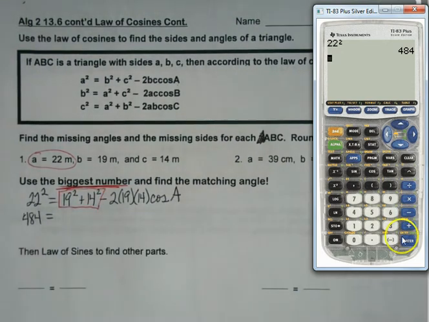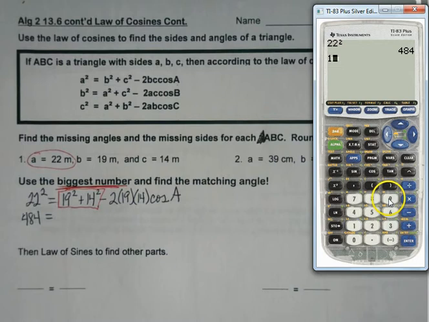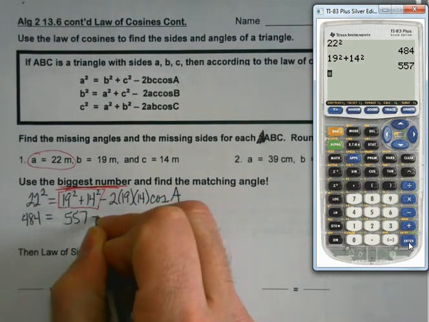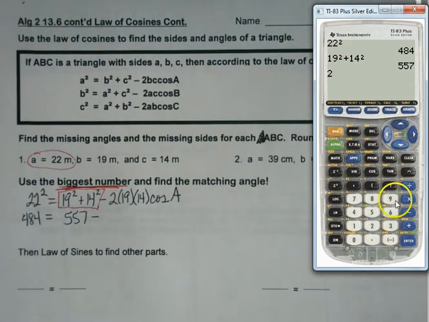I'm going to do just the sum of the squares part first, and I'll explain why as soon as we get this all set up. And then I'm going to multiply the 2, the 19, and the 14. Because I don't know what the cosine is, so I can't even bother with that yet.